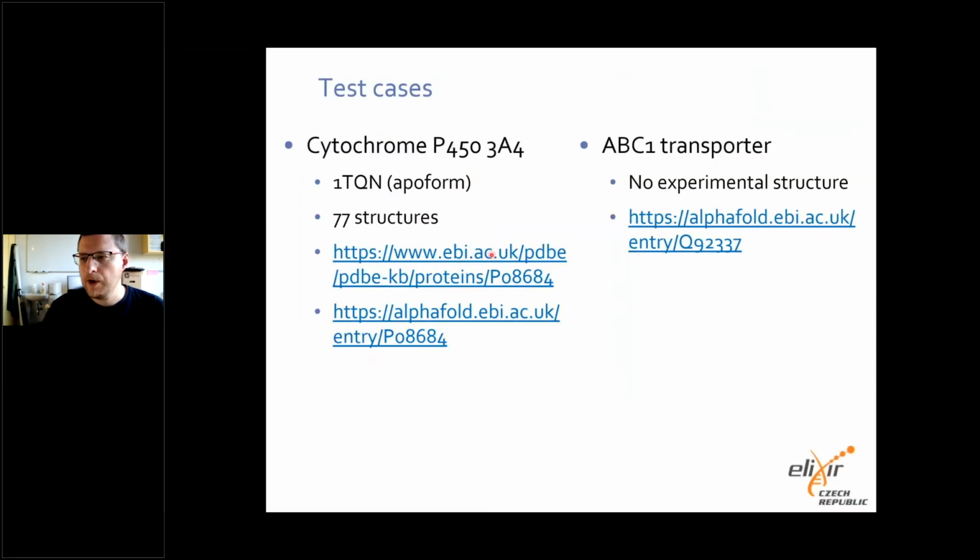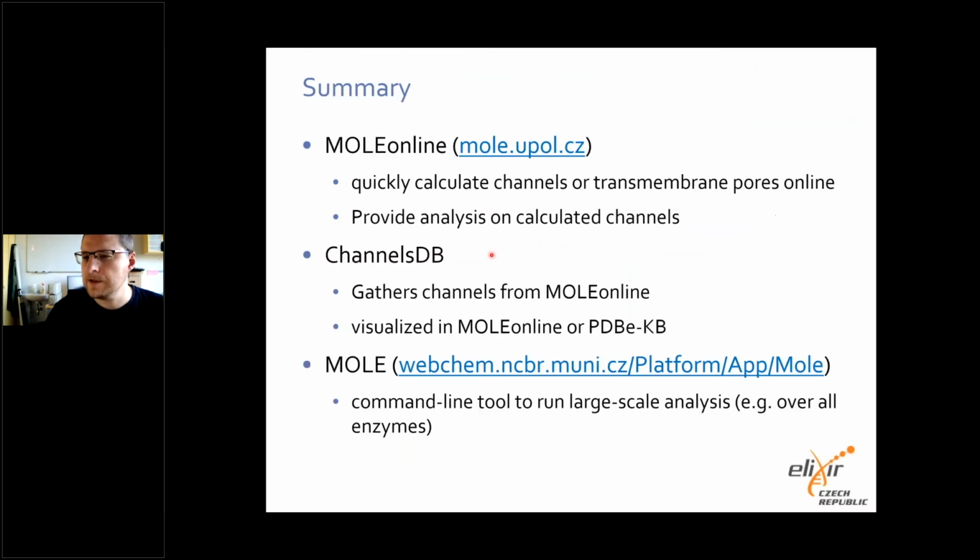So there were the two examples, and I would summarize that Mole Online is quickly calculating channels and transmembrane pores online. It can provide analysis of the calculated channels in terms of their properties. It's connected with ChannelsDB, so it gathers the channels from Mole Online.